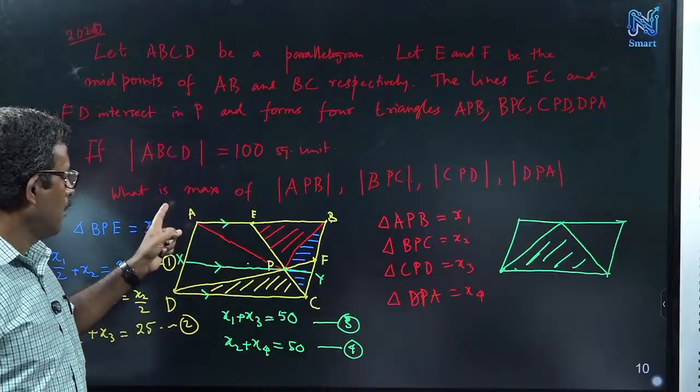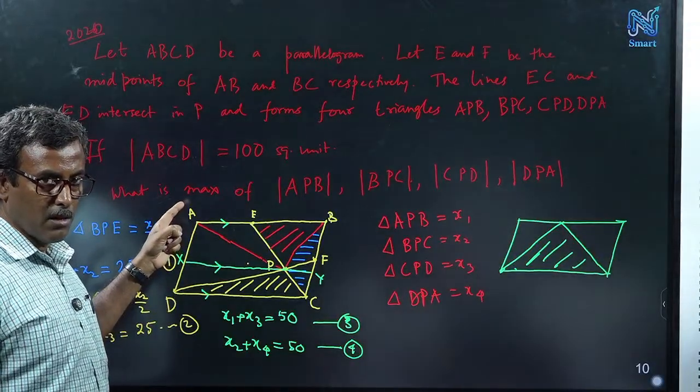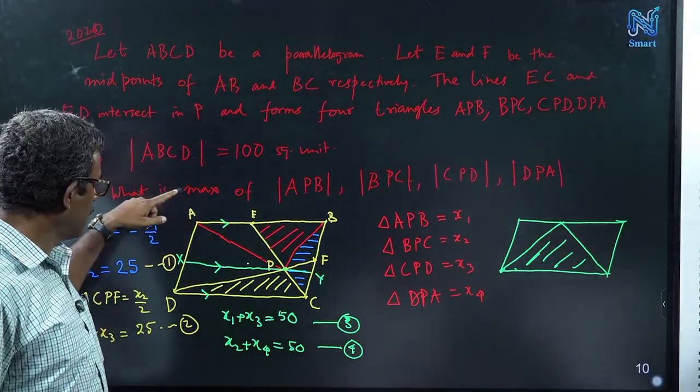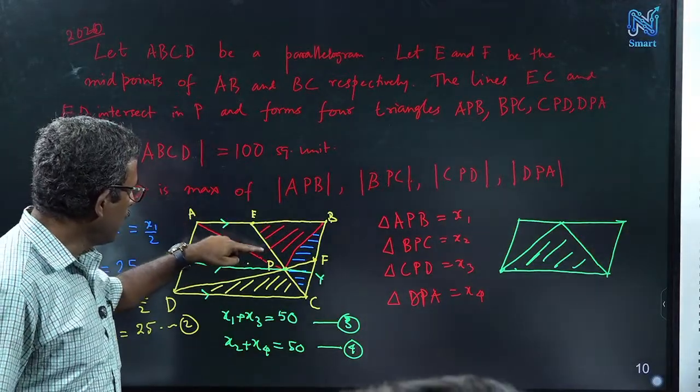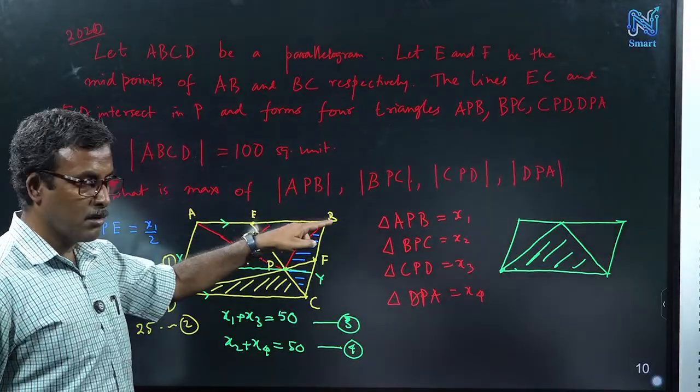Okay. So that parallelogram ABCD. Clear? So area ABP is half of area AXYB.